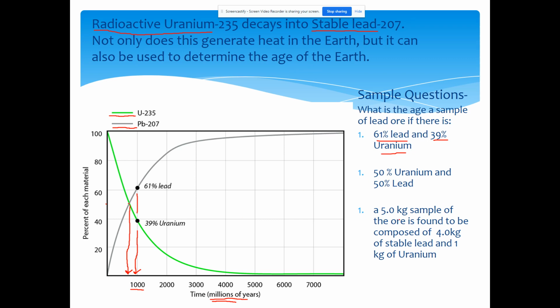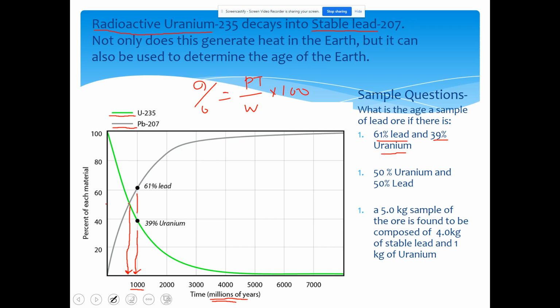How about if you got a 5 kilogram sample of the ore, and 4 kilograms is lead, 1 kilogram is uranium? Well, we can't do this without figuring out what percent is lead and what percent is uranium. And if you recall, a percent is a very simple problem in which you take the part, divide it by the whole, times 100.